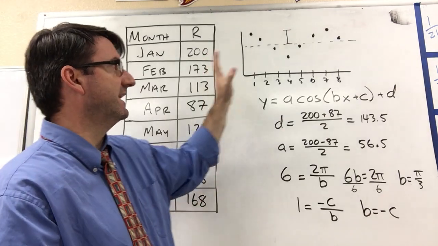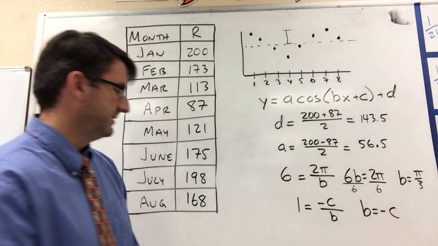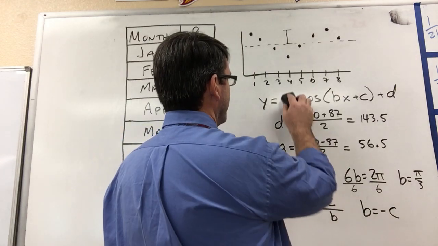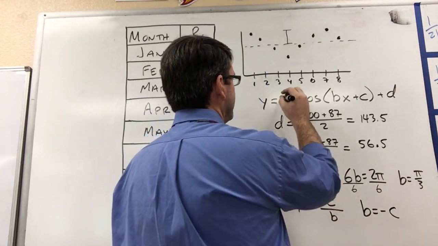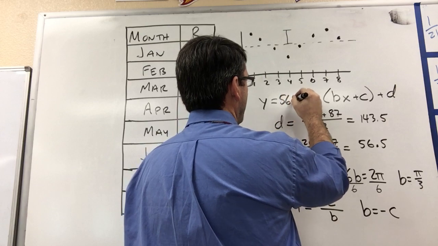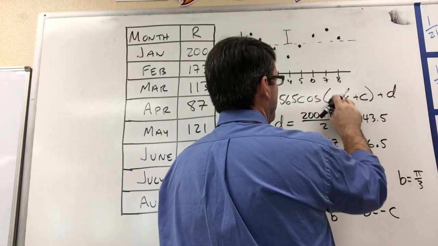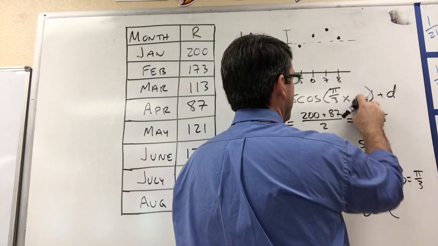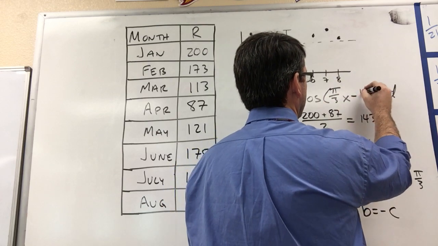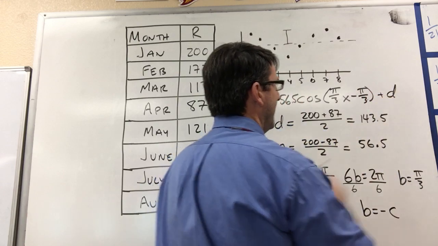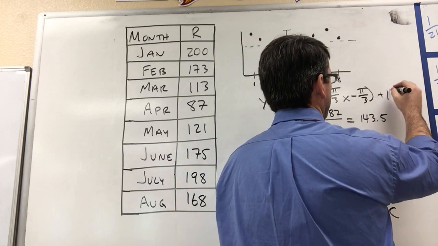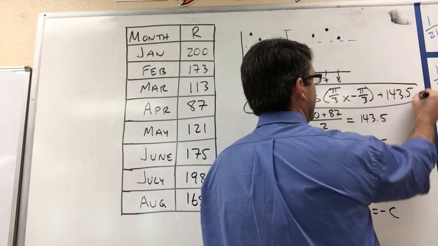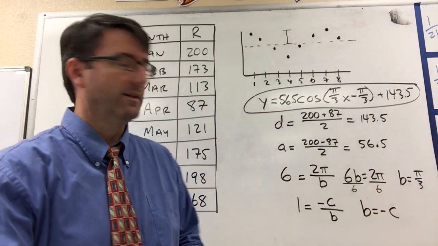And that's going to give us our shift to the right of 1. All right, so now we can just plug in these numbers. A, we said, was 56.5. B is pi over 3. C is negative pi over 3. And d is 143.5. So that's going to be our answer. That will be the model.